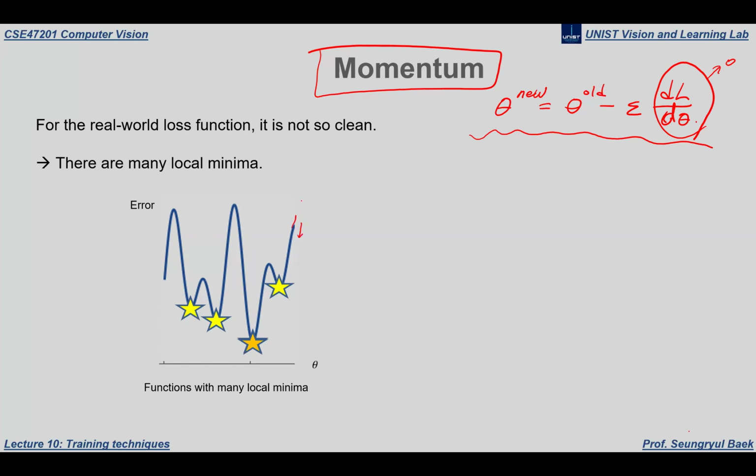The initial parameter vector is here on the x-axis, we start from here, and this is the error function, or loss. We always want to minimize the loss. We always want to find the vector which can minimize the entire loss L, which is the difference between ground truth and our prediction. So this would be our optimal parameter vector.